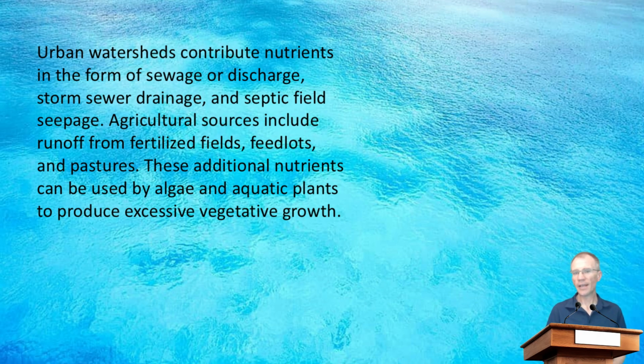Urban watersheds contribute nutrients in the form of sewage or discharge, storm sewer drainage, and septic field seepage. Agricultural sources include runoff from fertilized fields, feedlots, and pastures. These additional nutrients can be used by algae and aquatic plants to produce excessive vegetative growth.